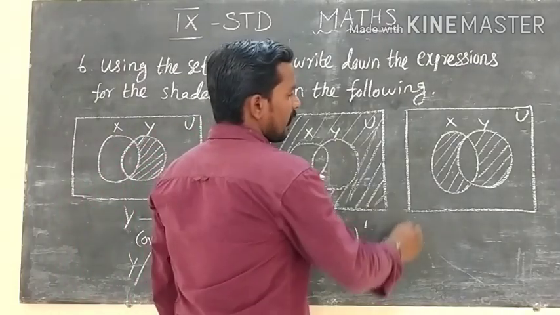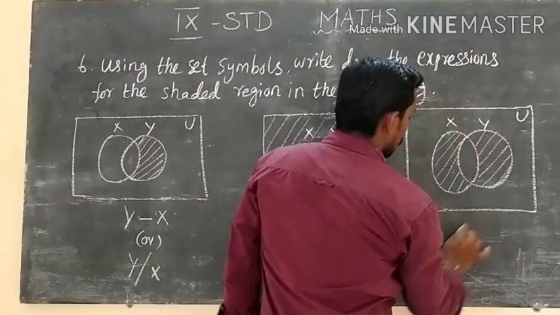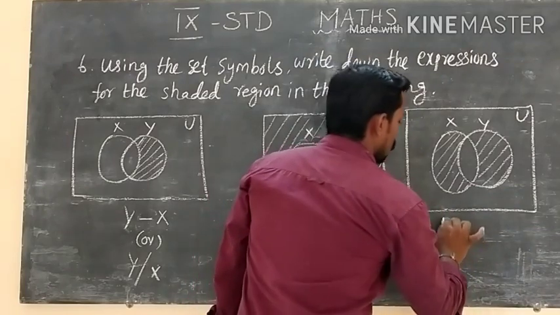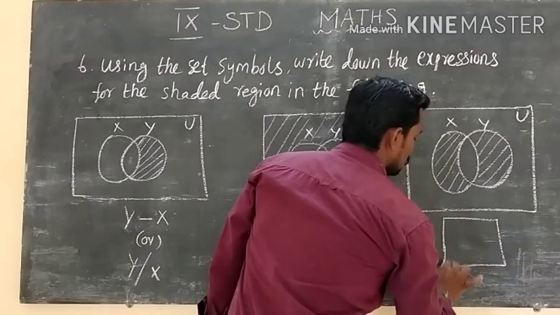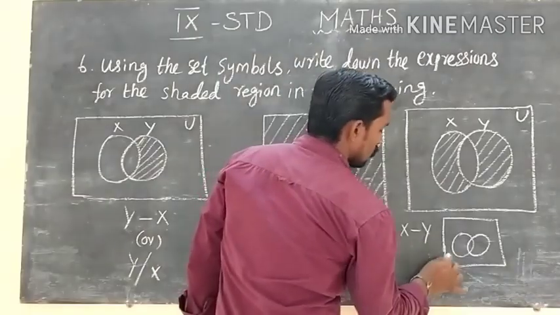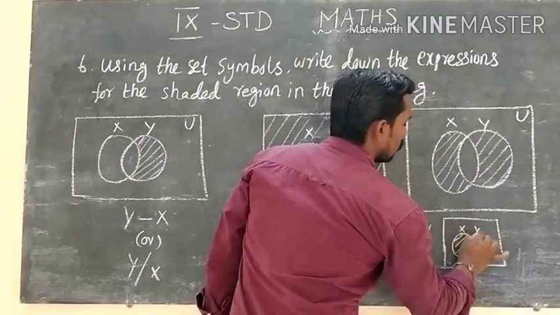Okay, the third one, consider this one. First, X difference Y. How do you get it? This is the universal set. X difference Y means only X is shaded, omitting Y fully.